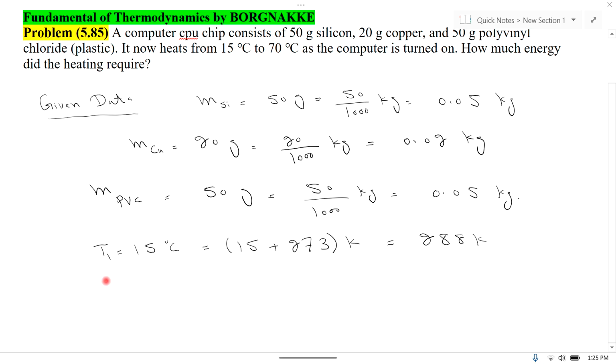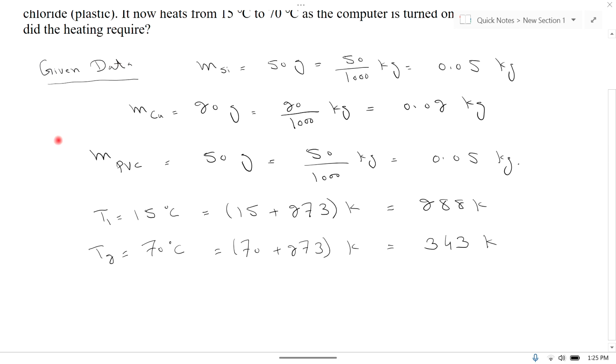And final temperature T2 is equal to 70 degrees centigrade, which is equal to 70 plus 273 Kelvin, which is equal to 343 Kelvin.